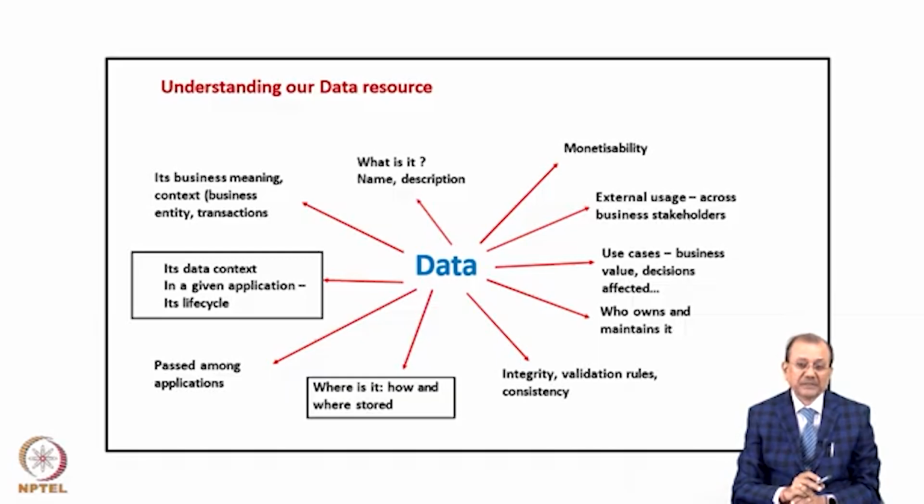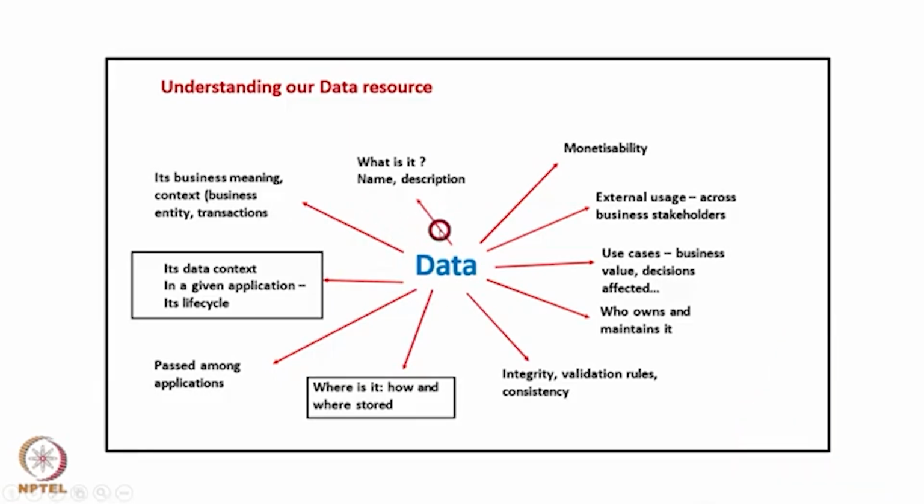Before we go on to the data management strategy, let us understand the characteristics of the data. This slide shows how data is being used, and if we would like to use the data, what all we require. We need the name and description of the data.